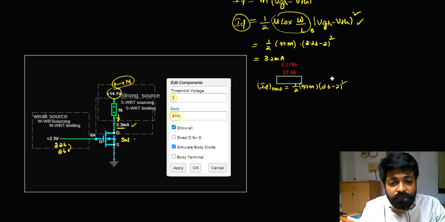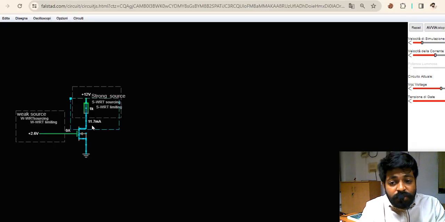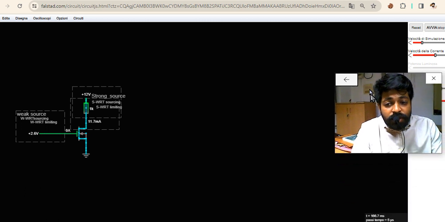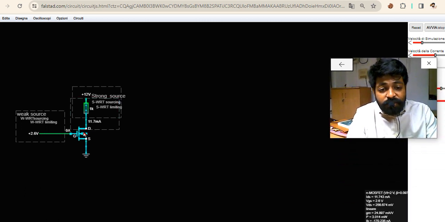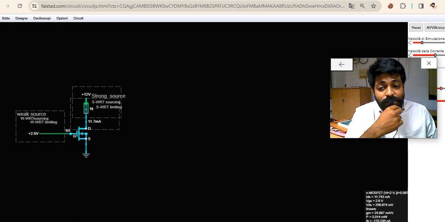If I do it, the calculation gives 17.46. So it is expecting a current of 17.46, but how much is it pumping? Only 11.7 itself is being pumped, so the transistor is getting deviated from the saturation region to the linear region. So now the transistor loses its control.